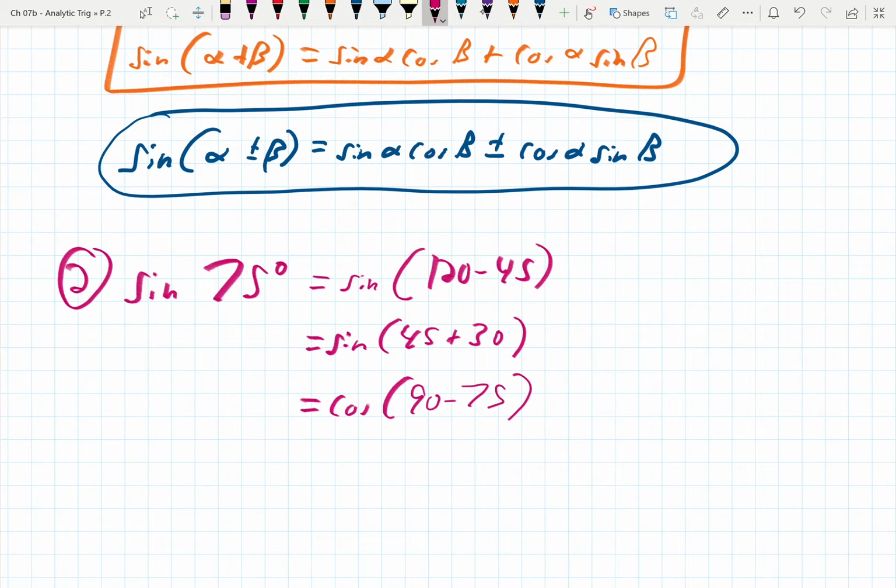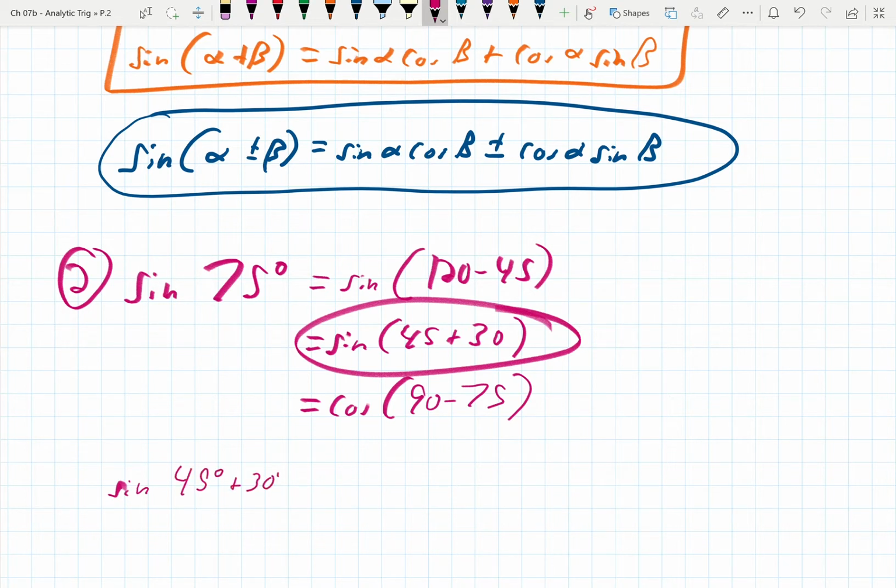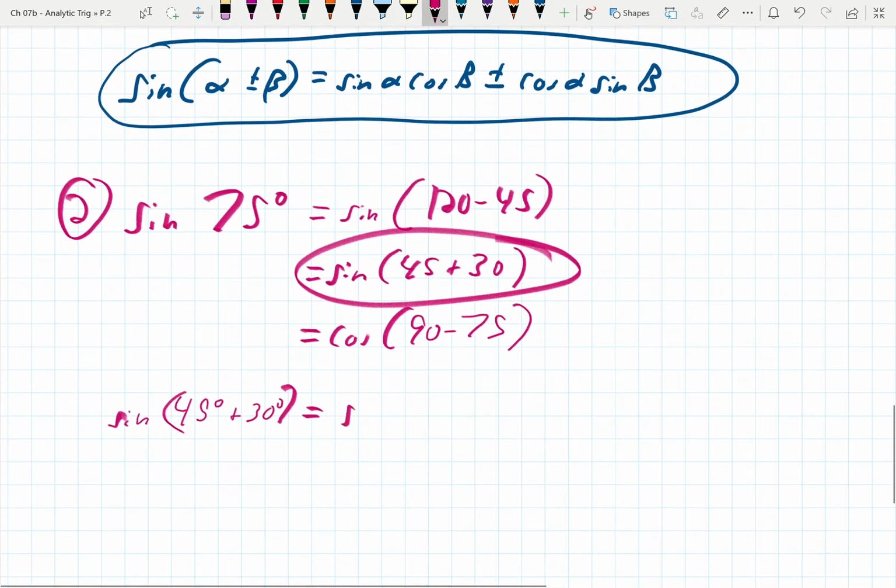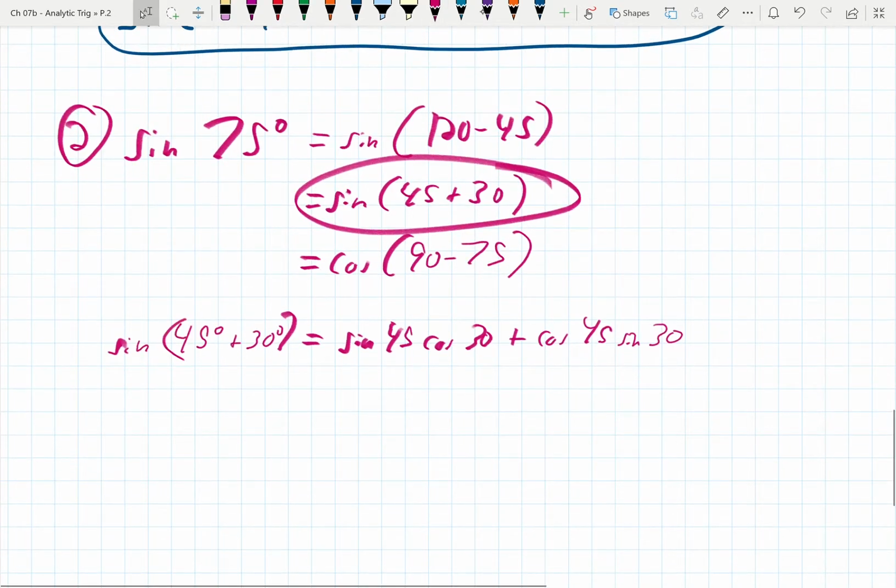So I'm going to practice with this one because that's the newbie here. I think it's the easiest, and I find it easy to deal with pluses and minuses, but it's just my world. So the sine of 45 degrees plus 30 degrees is equal to sine 45 cosine 30 plus cosine 45 sine 30. Sine of 45 is root 2 over 2.